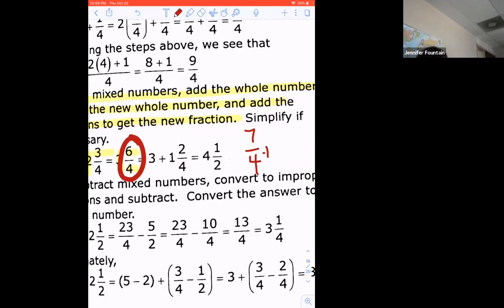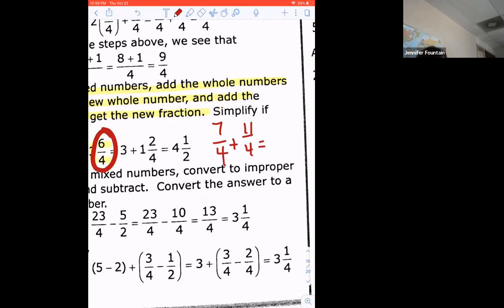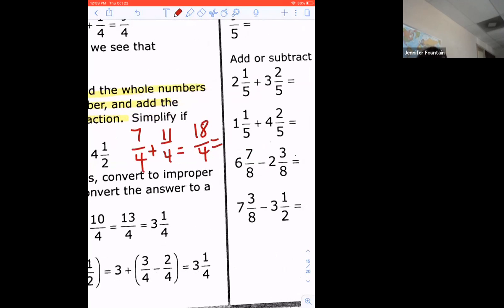Plus my next one, 2 3/4: 4 times 2 is 8, and 8 plus 3 is 11 over 4. Now 7 plus 11 is 18 over 4, and then I can change it to a mixed number. 4 goes into 18 4 times, that's 16, and 18 minus 16 is 2/4. Then I would reduce it to 4 1/2.